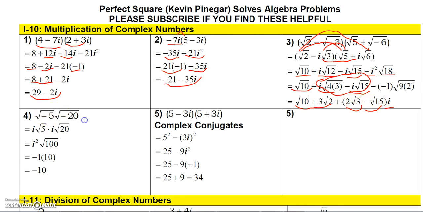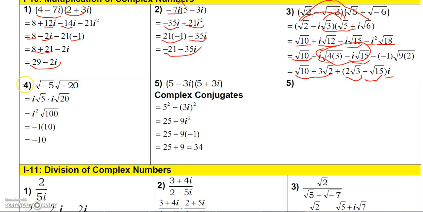Okay, now on this one, the mistake folks will make here is they will just multiply this together and get square root of 100, but that would be the wrong answer, because the first thing you have to do is rewrite these by taking the i out of the radical. So square root of negative 5 is i times square root of 5.